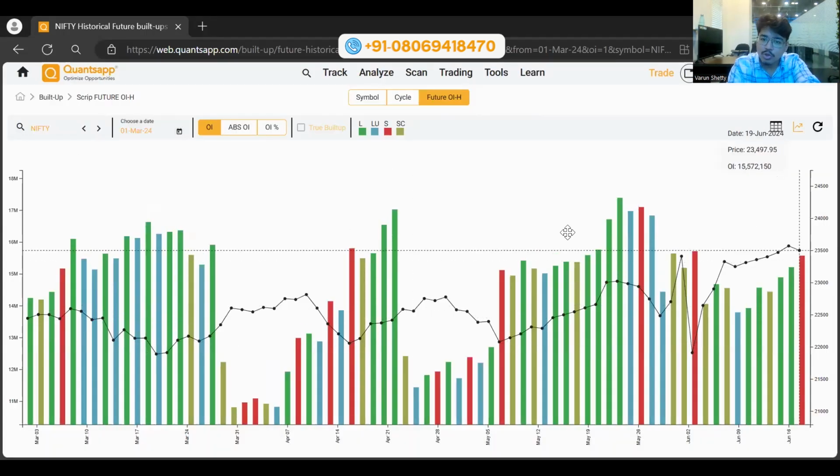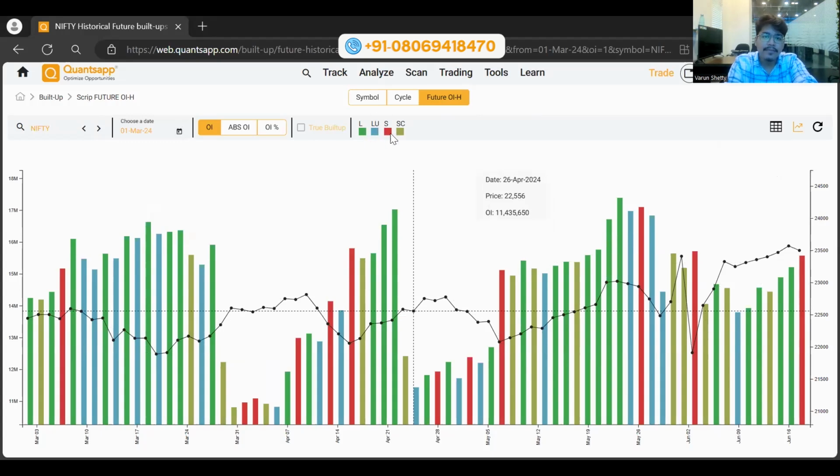There are green bars, red bars, blue bars and yellow bars. Green indicates long, blue indicates long unwinding, red is short, and short covering is yellow. These are the 4 colors that we have designated for each build-up type.